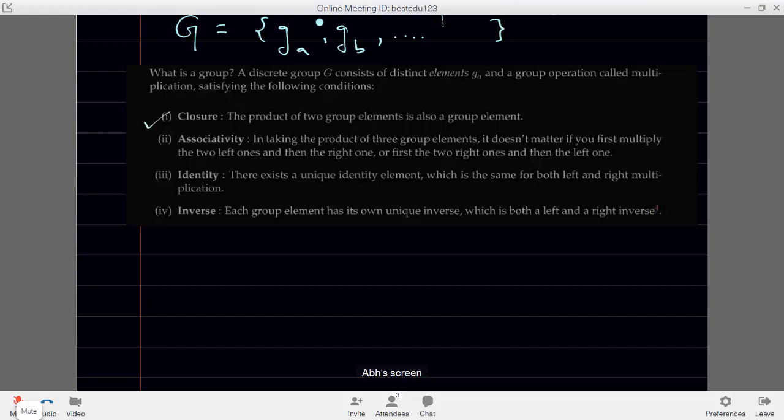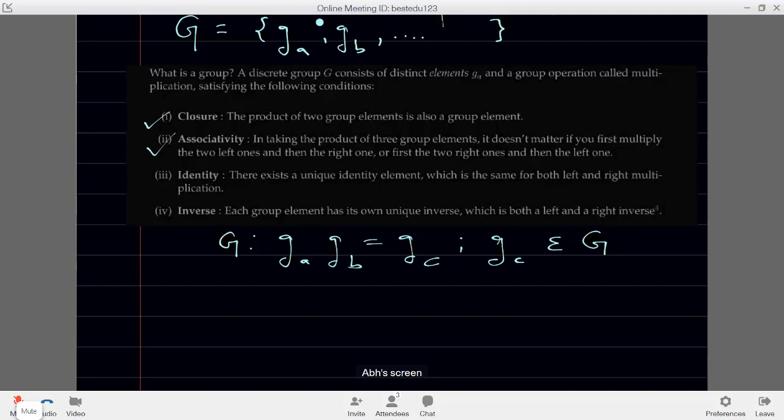Closure property. It says that the product of two elements of the group should also be there in the group. So that means my set G should be such that if I take any two elements, GA and GB, and when I multiply them I get GC, then by closure property this element GC should also be there in the group G. This is the closure property.